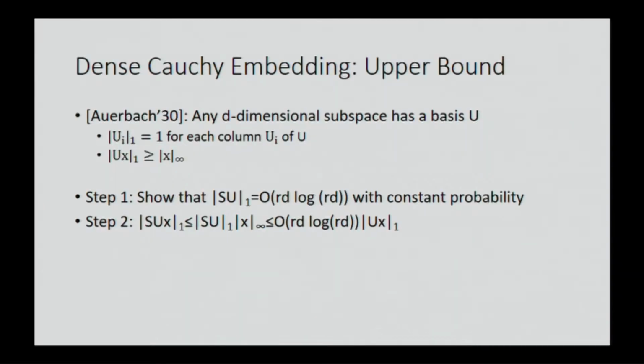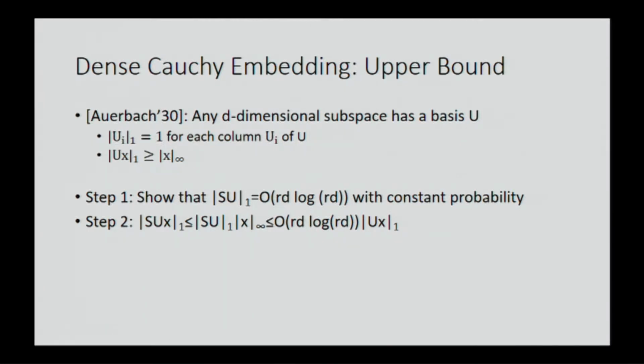Well, we want to show a subspace embedding, right? So we care about the one norm of SUx for an arbitrary x. Now, the one norm of SUx is at most the one norm, entry-wise, of the matrix SU times the infinity norm of x, right? Because each row is a dot product.